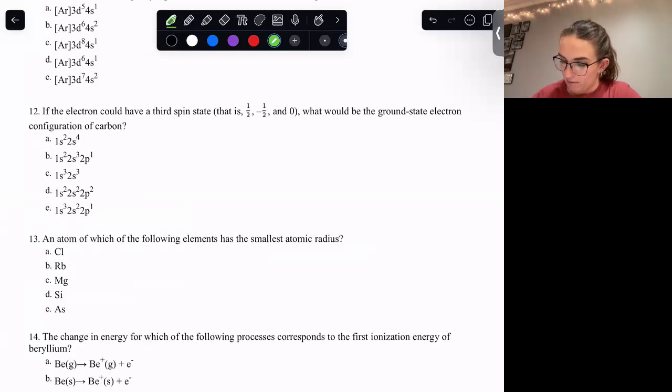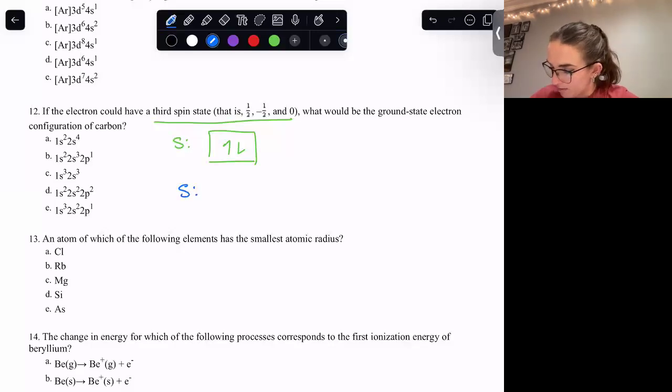Okay, so what we're saying here is now we can have a third spin. If we just look at the s subshell, how many orbitals are in the s subshell? How many orbitals? Yeah, we just have 1 orbital. So usually we have an up spin and a down spin.